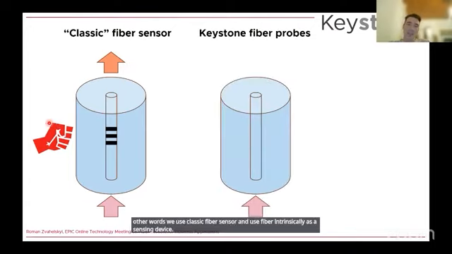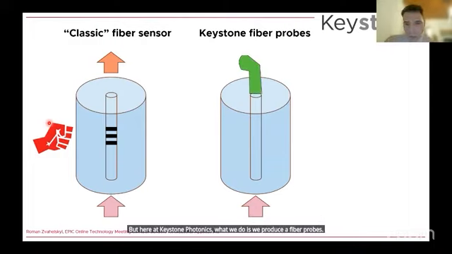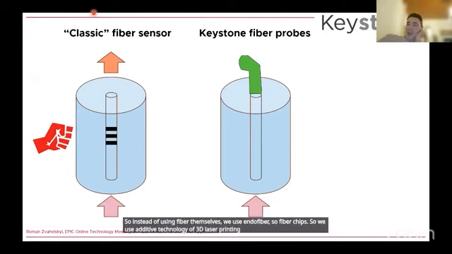But here at Keystone Photonics, what we do is we produce fiber probes. So instead of using fiber themselves, we use the end of the fiber, so fiber tips. We use additive technology of 3D laser printing. Basically, we also use femtosecond lasers, but instead of inscription, such as Alphanov company does, we do additive manufacturing of polymer lenses.